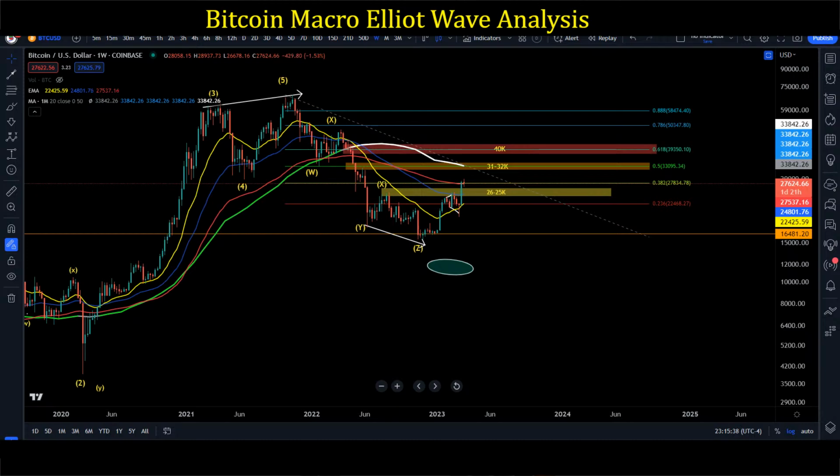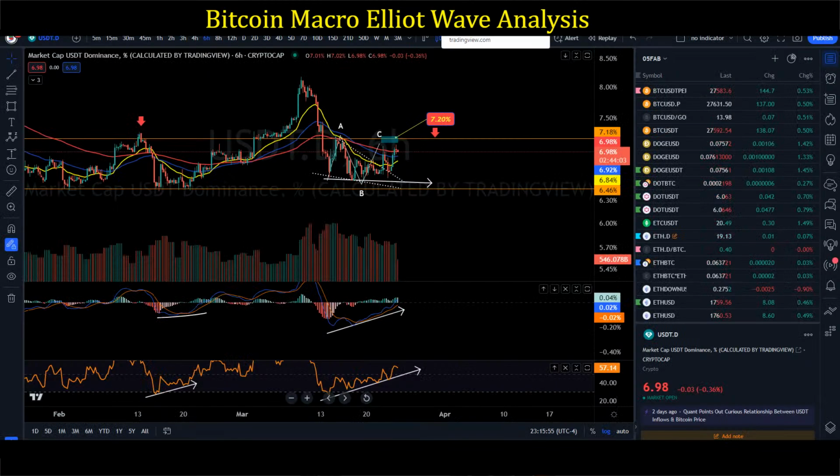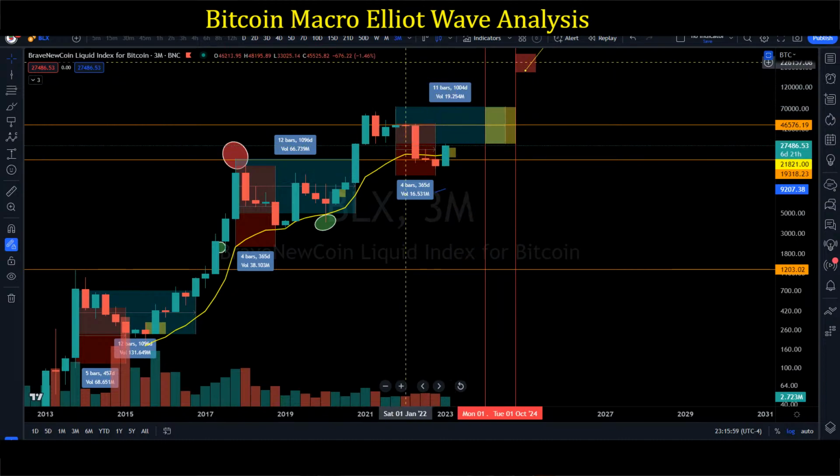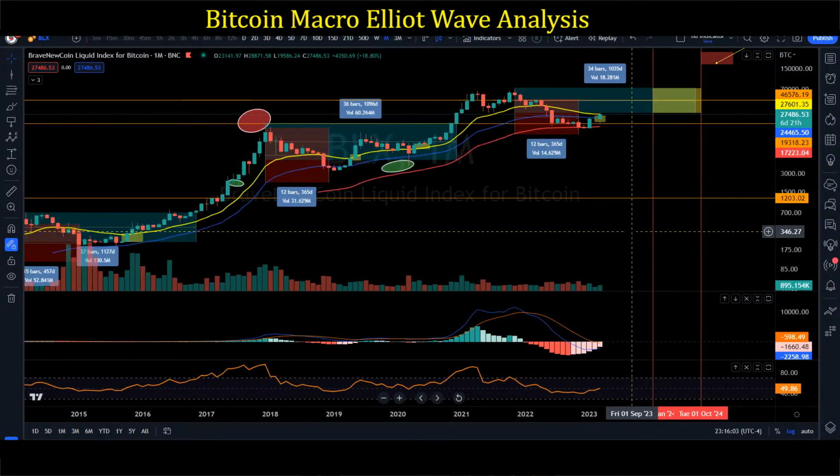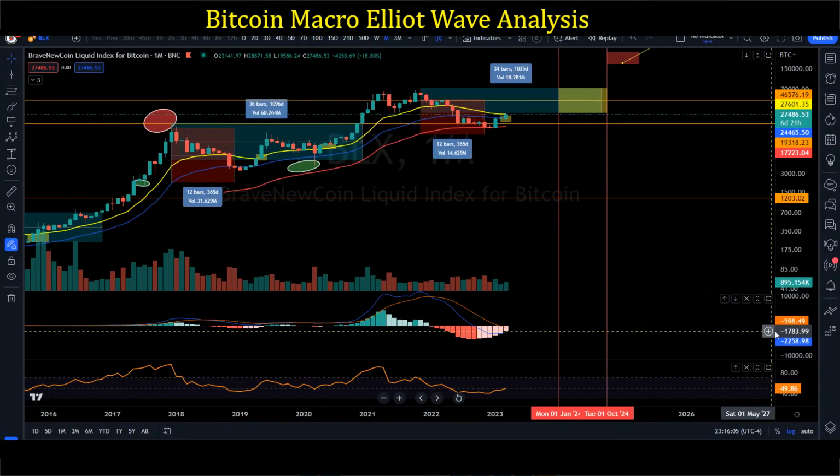So he's saying we're going to get a big correction to the downside. Basically, what he is saying is our monthly MACD is too far from crossing positive.